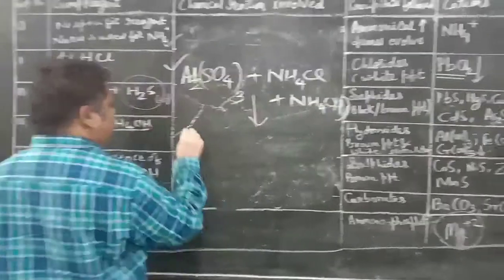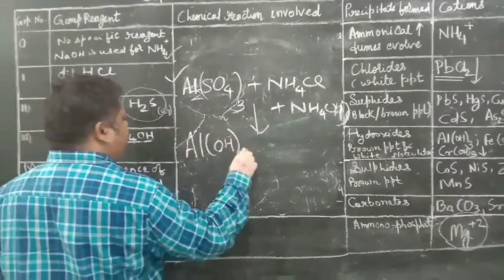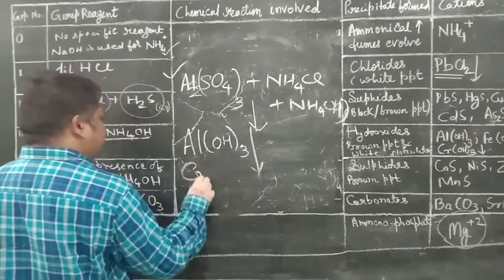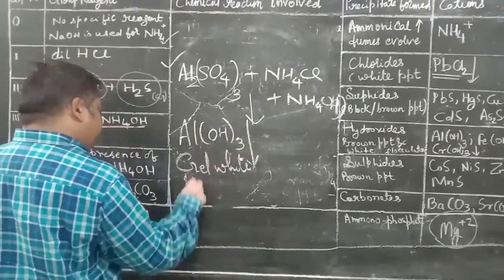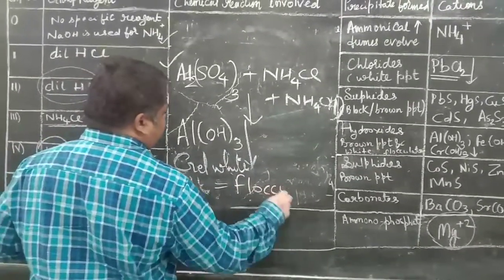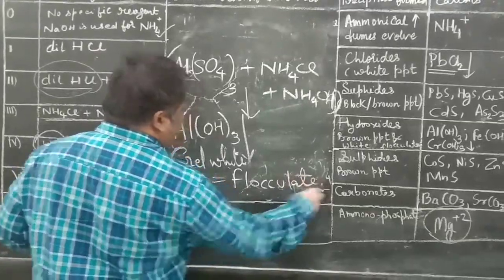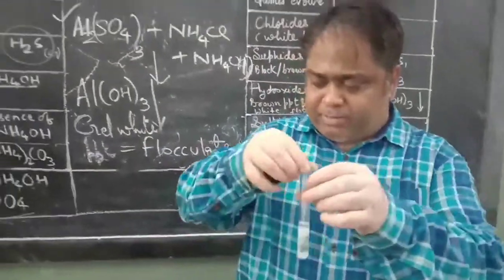I got Al(OH)3 as a gel-like white precipitate. It is also called a flocculate. In this way group 3 cations can be tested.